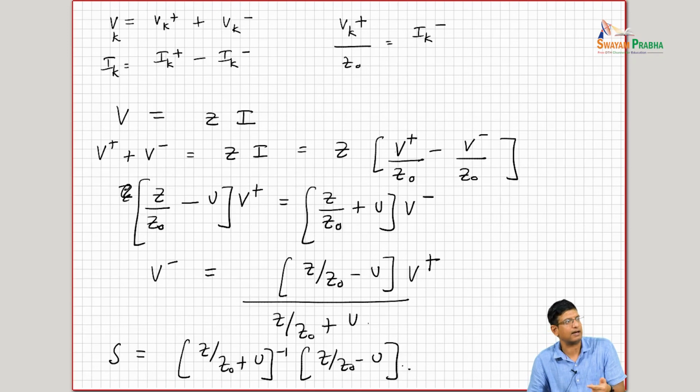They are just another way of representing the voltage and the current, which are easy to measure at high frequency, because enforcing the conditions that are required to measure it are easier at high frequency than enforcing the conditions for voltage and current, right? So that's the only difference between the two.